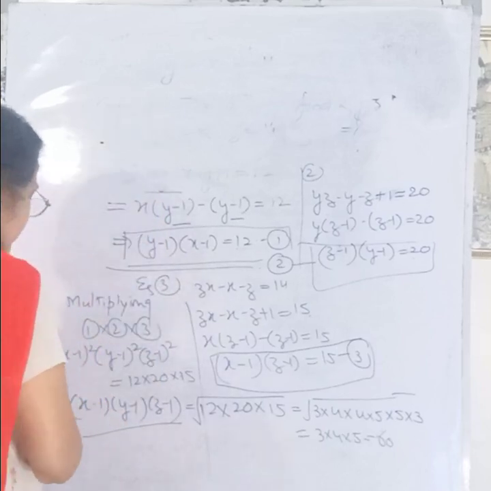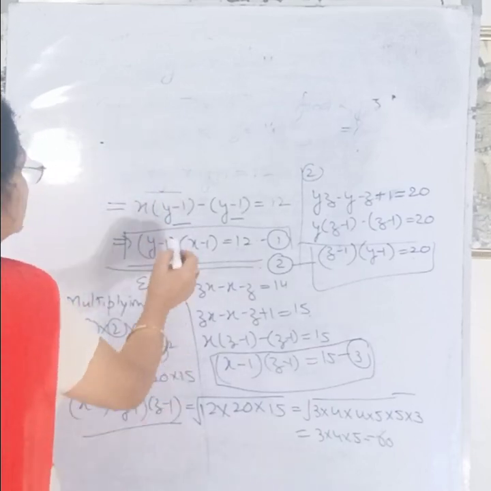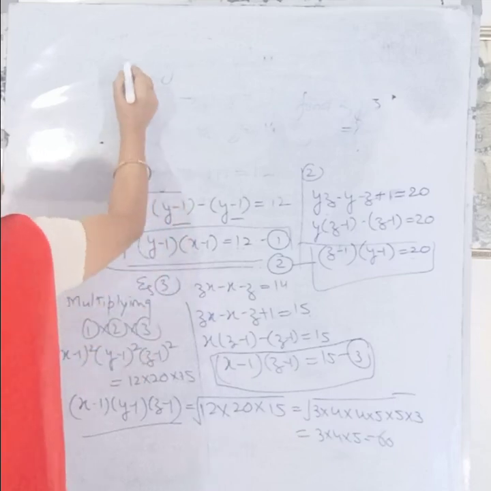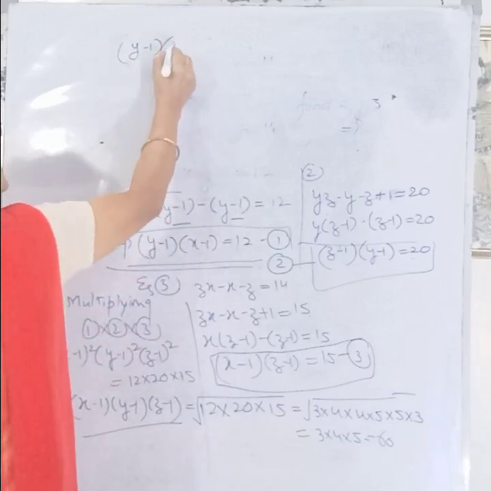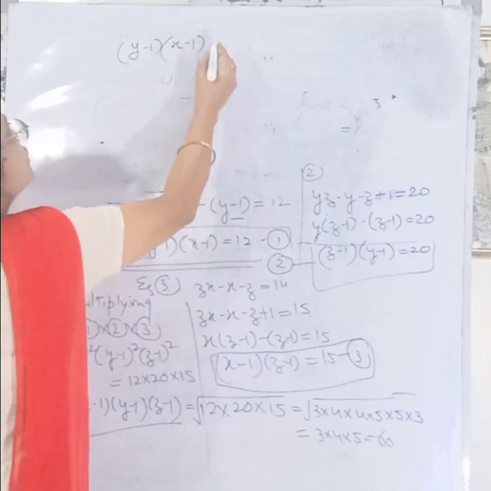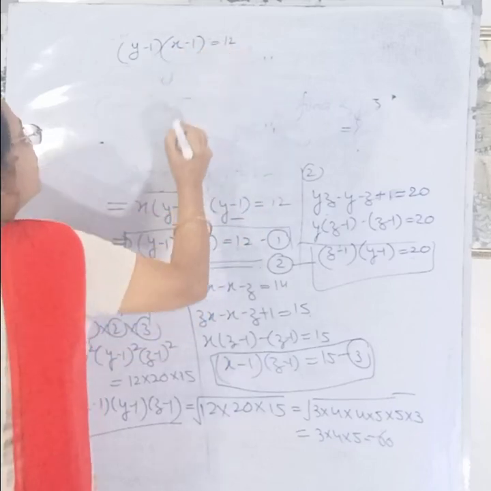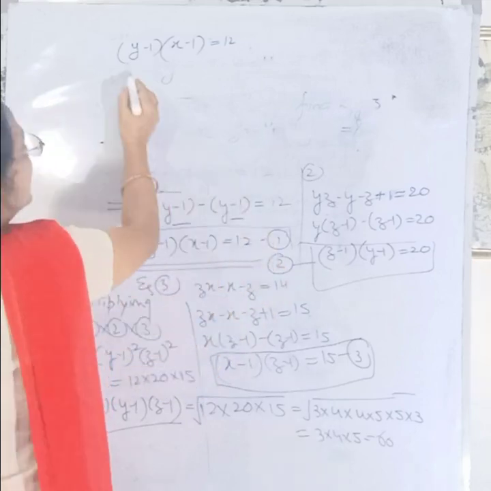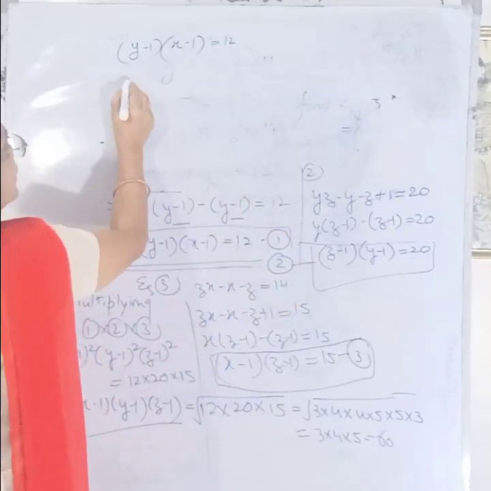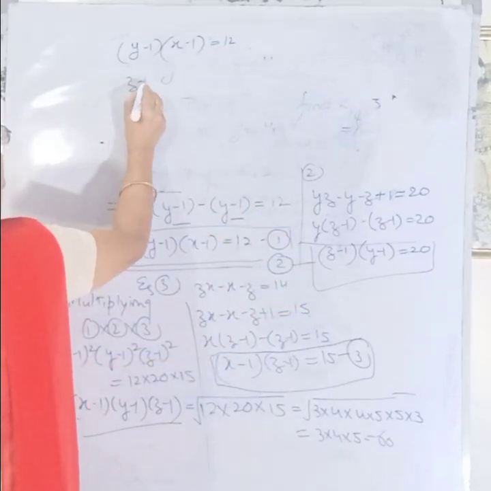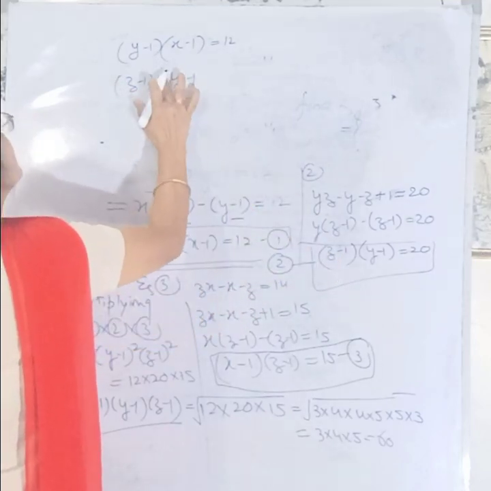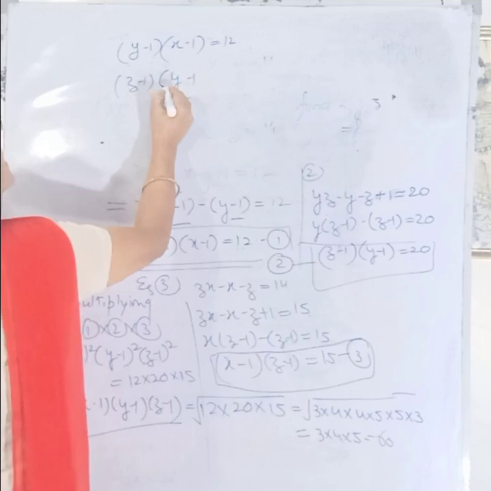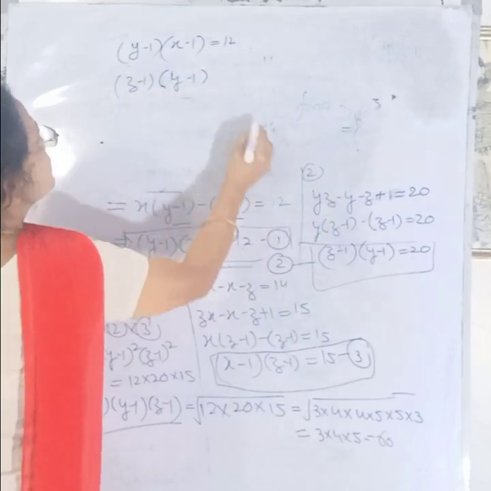Now, what was our position? Equation 1 was this: x minus 1 into y minus 1 is equal to 12. This was the new form of the equation number 1. And the new form of equation number 2 was z minus 1 into y minus 1 is equal to 20.